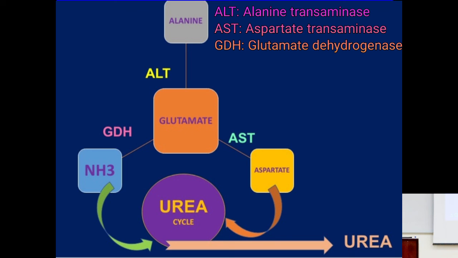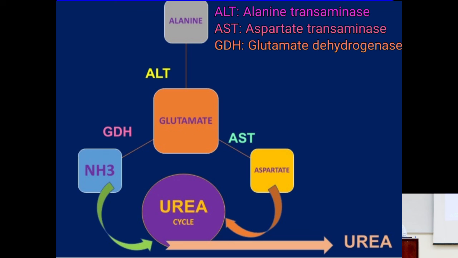So now you have the two sources of nitrogen. This is a very important conceptual slide. The two sources of nitrogen coming from glutamate. Why is that important? It's important in that these are the only two nitrogen forms that can enter the urea cycle, either ammonia or aspartate.